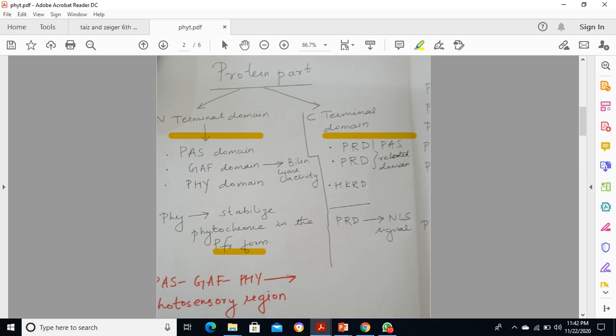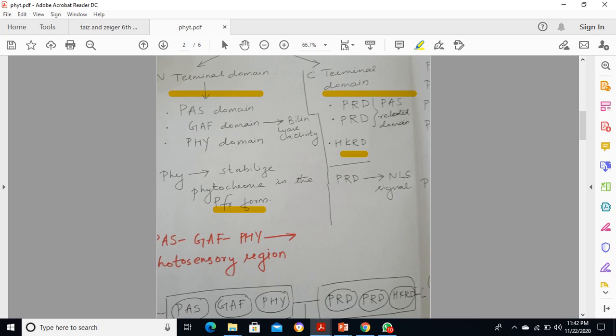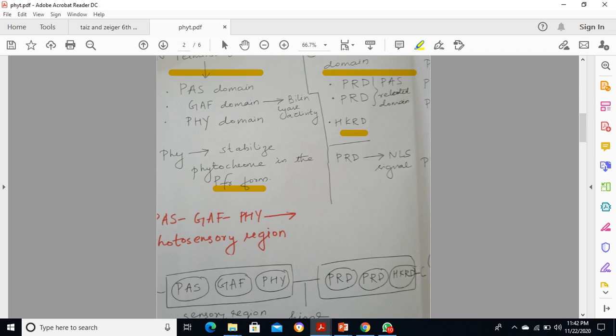Then coming to the C-terminal domain, it has two PRD domains, that is PAS-related domains, and one HKRD domain. The PRD domain serves as an NLS signal. What is an NLS signal? It is a nuclear localization signal, also helping mediate dimerization.